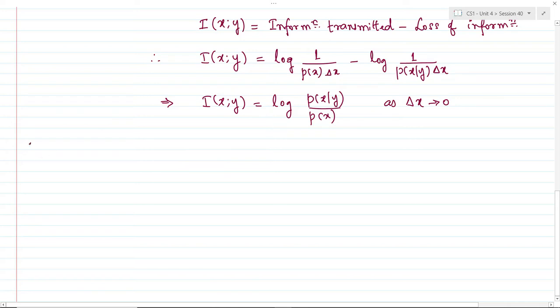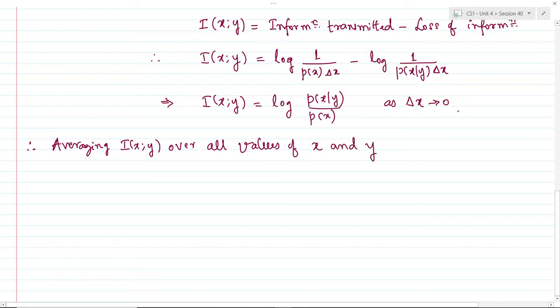Therefore, averaging I of xy over all values of x and y.